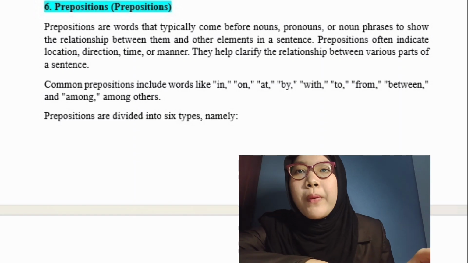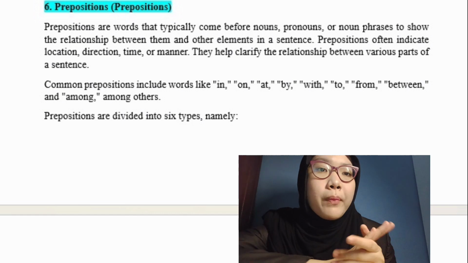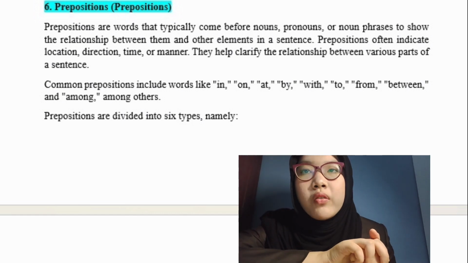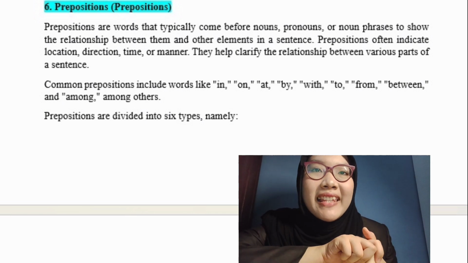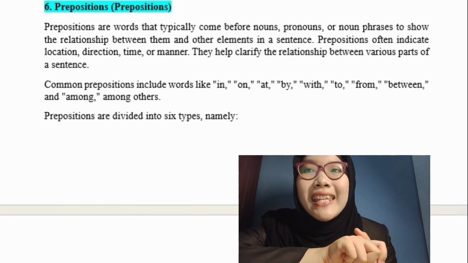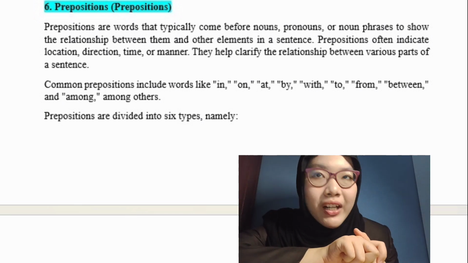The sixth one is about preposition. A preposition typically comes before nouns and pronouns or a noun phrase to show the relationship between them and other elements in the sentence. Prepositions often indicate a location, direction, time, or manner.